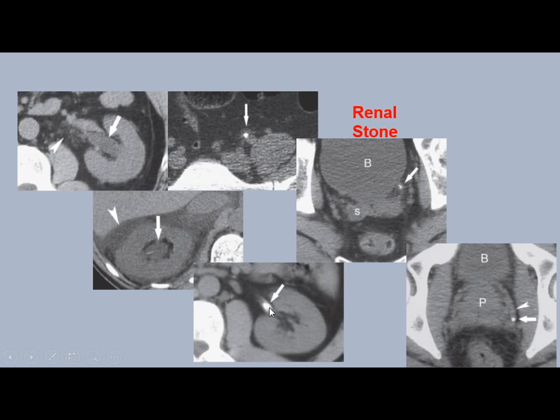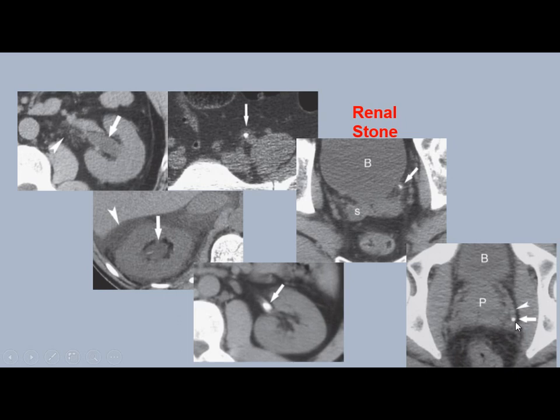But sometimes there is a stone, but you cannot see the soft tissue rim sign. Why? Because of the blooming artifact of the stone, as the stone is too dense, you cannot see the soft tissue rim sign here. This one points to the perinephric edema, of course, as we said, due to obstruction and dilatation of the pelvis.